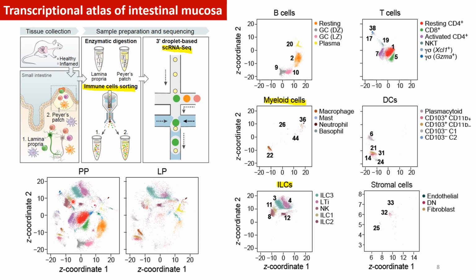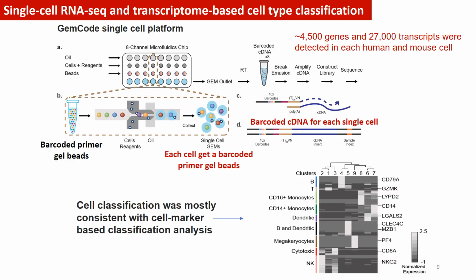It is apparent that PP has enriched... Single-cell RNA-seq and transcriptome-based cell type classification. Immune cells are either directly used for single-cell RNA-seq or first stained and sorted by flow cytometry followed by single-cell RNA-seq.